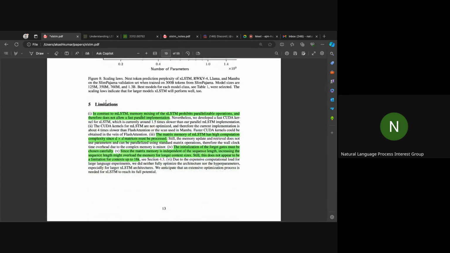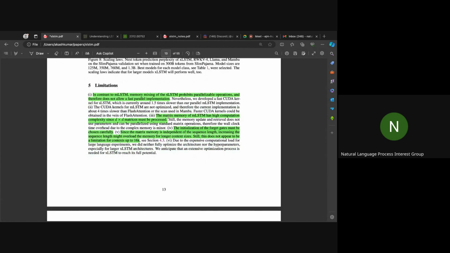So finally, the authors discuss the limitations of their proposed architecture. The first thing is that the xLSTM architecture still relies on the inputs or the cell outputs in the last time step, which prohibits parallelization for sLSTM. But the mLSTM architecture still allows for parallelizability.